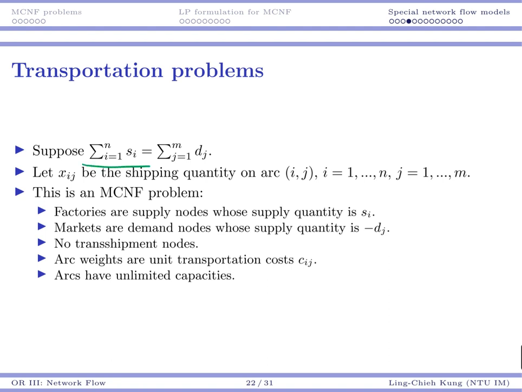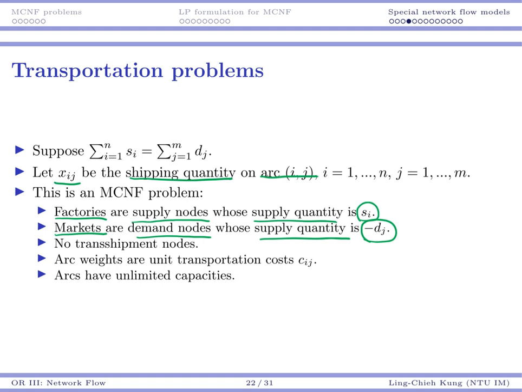Basically, we first assume that all the supply is equal to all the demand. Later, we will see what happens if this is not true. Suppose this is the case. Let X_ij be the shipping quantity on arc ij, and then this is an MCNF if we consider the supply nodes as factories and demand nodes as markets, and the supply quantities are either S_i, the real supply capacity, or negative D_j, the demand quantity.